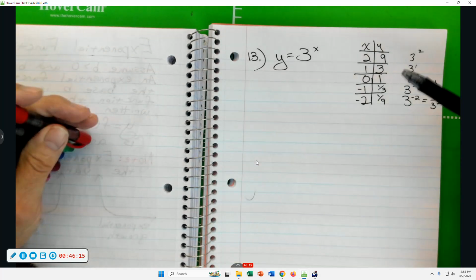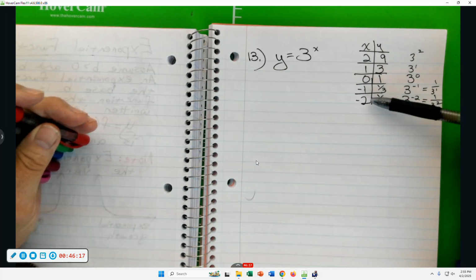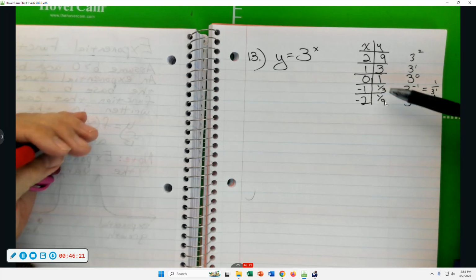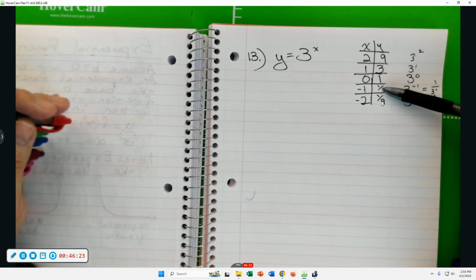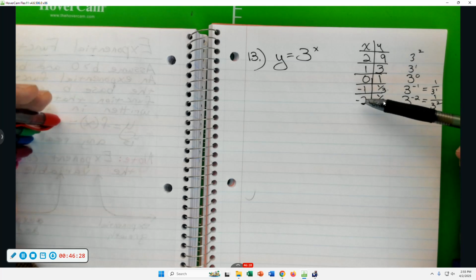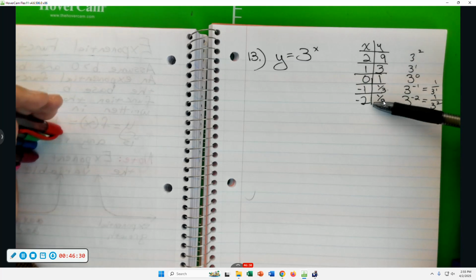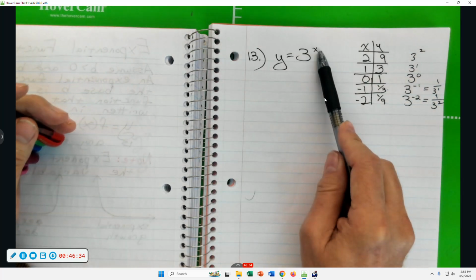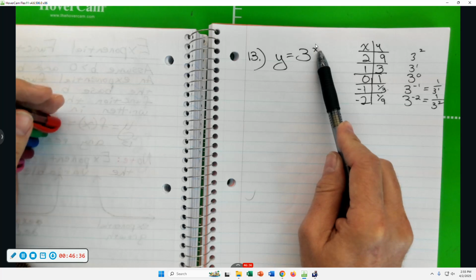Notice something. As we get x values that are negative, notice how small the y values are getting. You went up 1/3. Now you're going up 1/9. You're going up less and less each time, but a non-zero number to any power will never be 0.